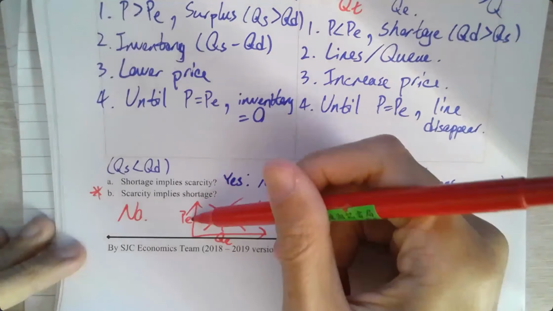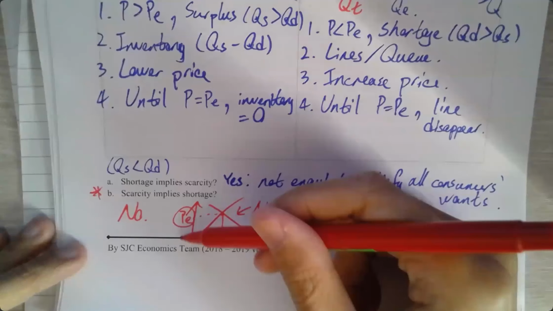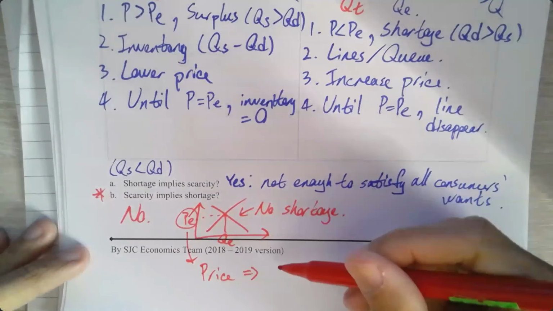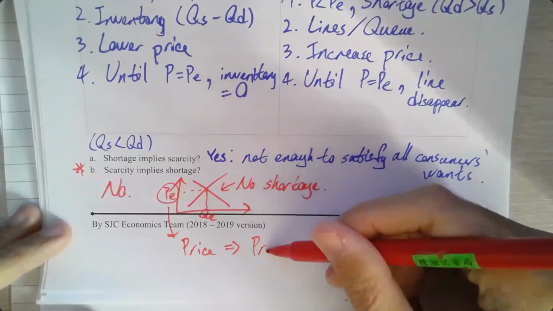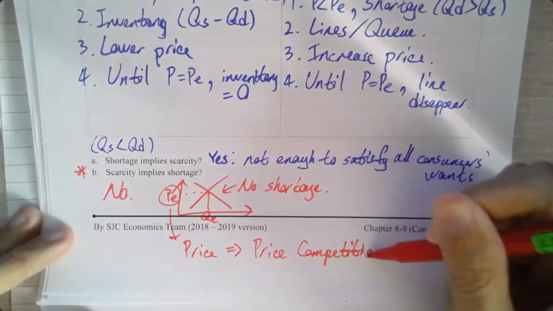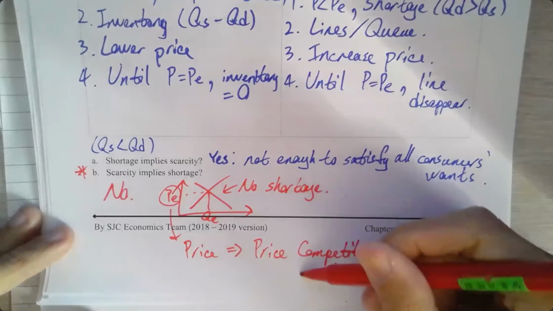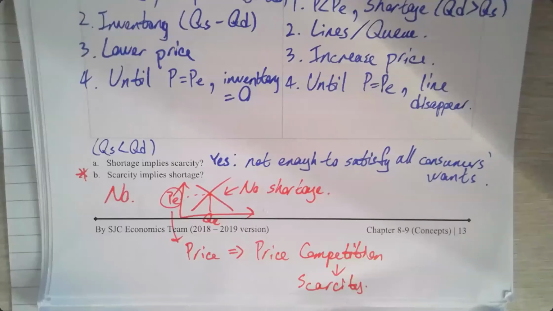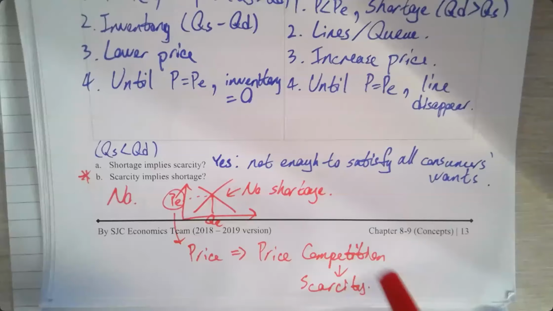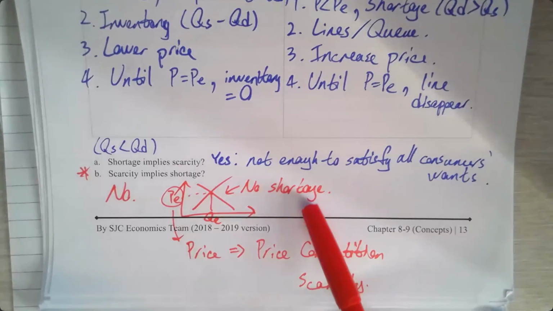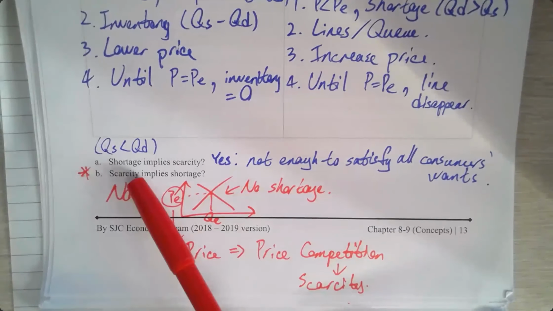Yes. 咩嚟㗎？Price 咯，有 price 係咩？有啲咩啊？Price competition。好啦，有 competition 即係咩意思啊？Scarcity 咯。So you see, even under equilibrium, okay, no shortage, there is still scarcity.